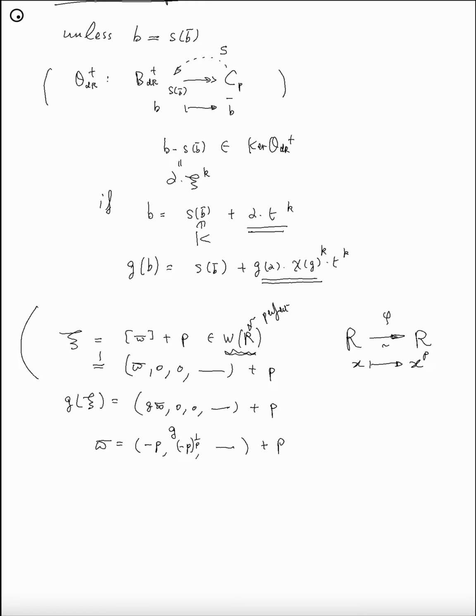This is telling that it's surjective and injective. If two elements have the same p power, then they must be the same in R.